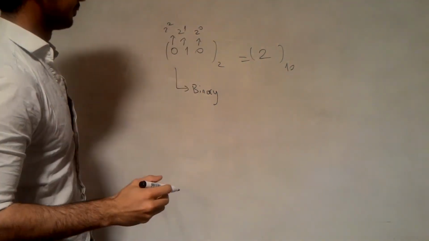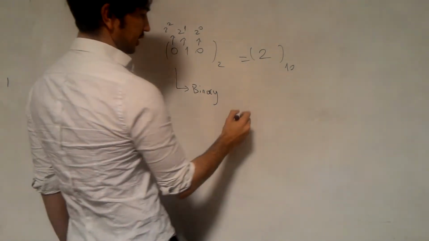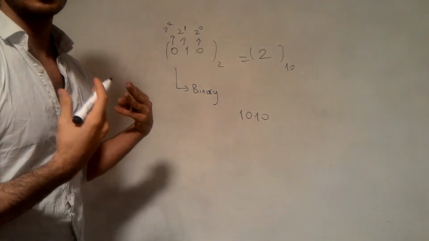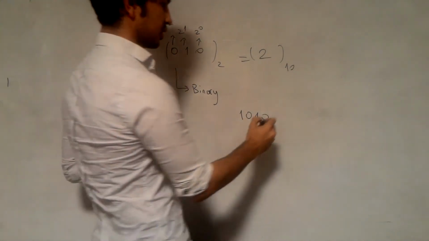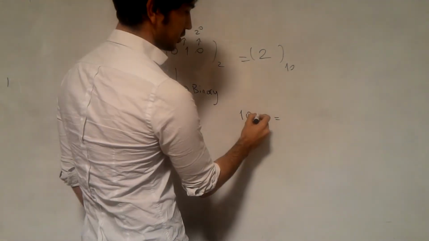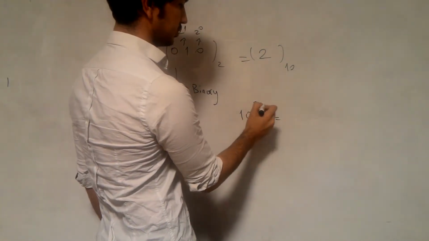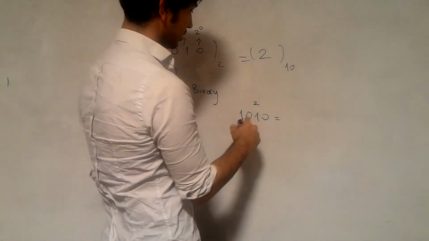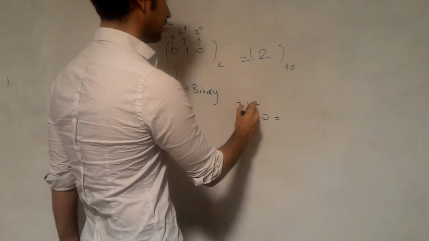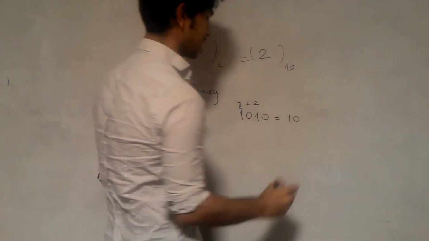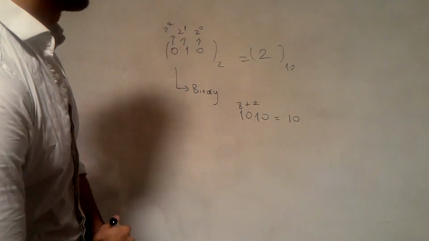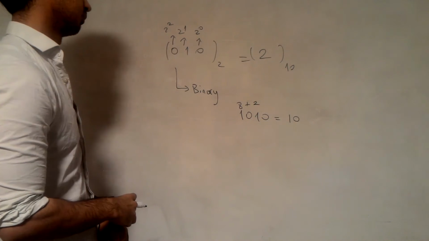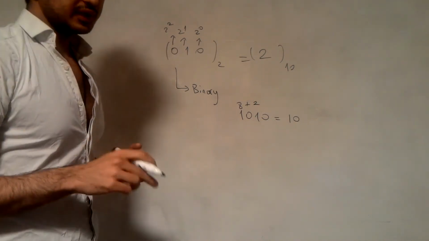For instance, if you had 1, 0, 1, 0, what is this number in decimals? 2 to the power 1 is 2, 2 to the power 3 is 8, so this one is 8, and then you sum them, so it is 10, like this. So everything works like this.